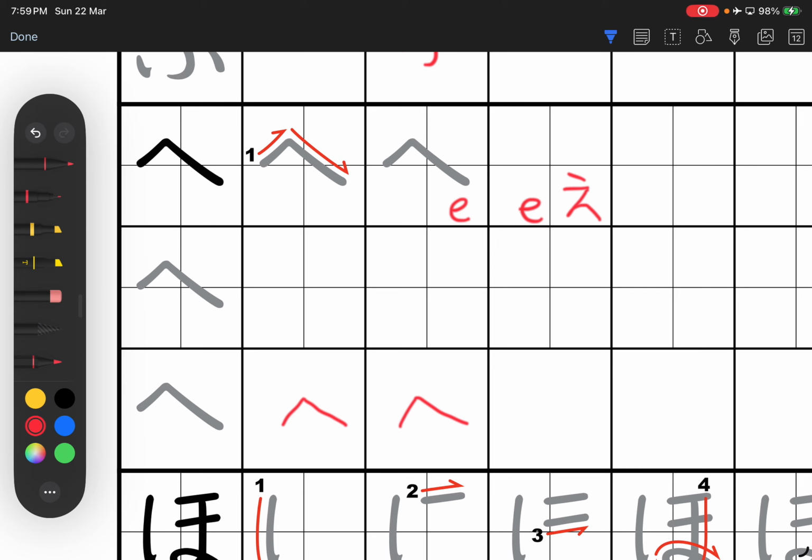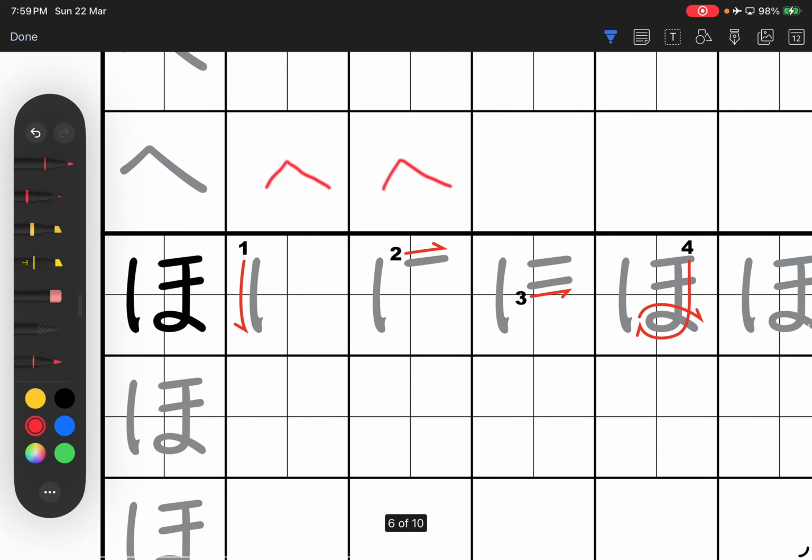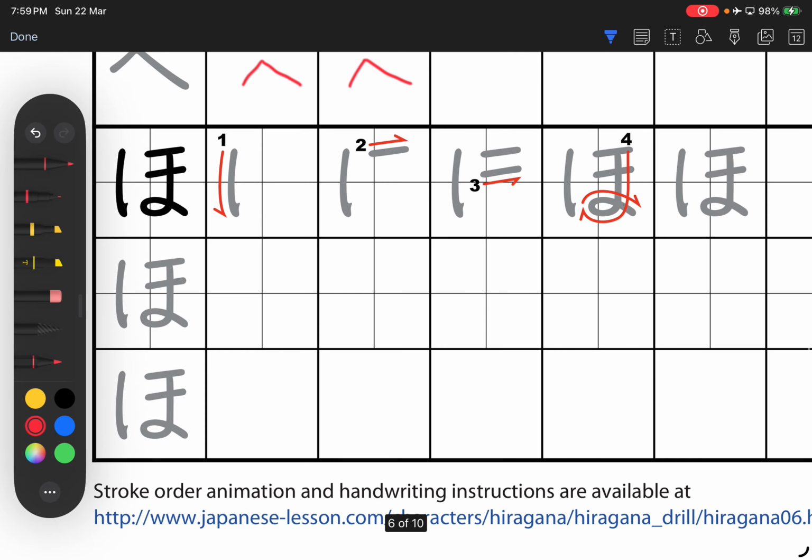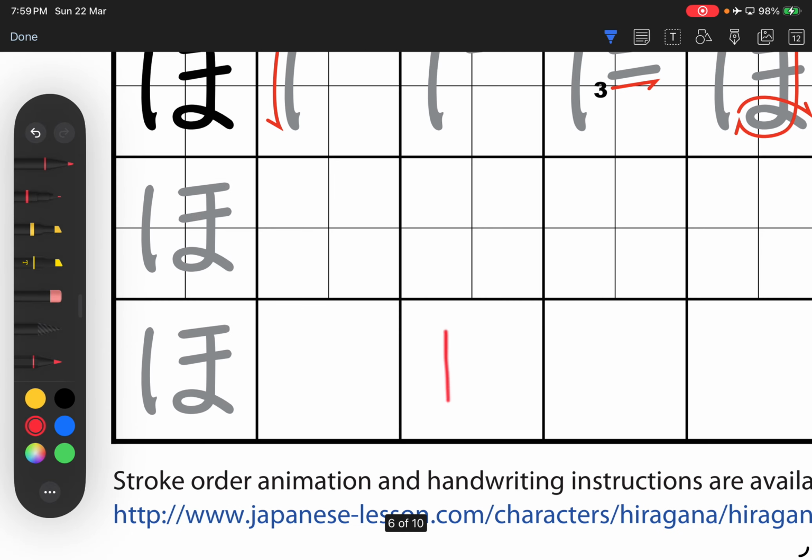So 90% of the time it is read as just e. Okay. So this is e. This is he. Next we have ho. Okay, ho, vertical line, 2 equal sign, long alpha tail.